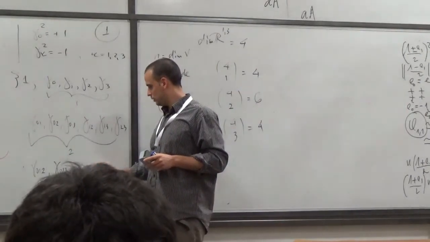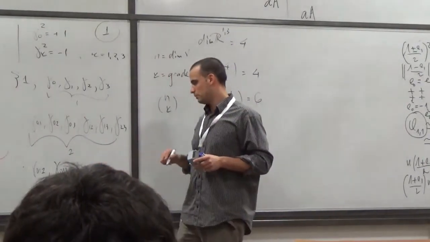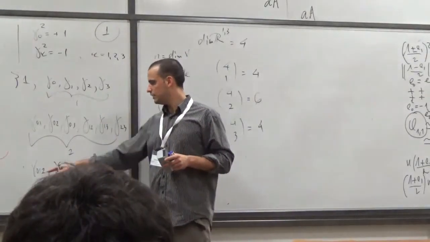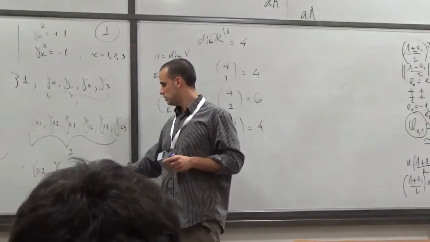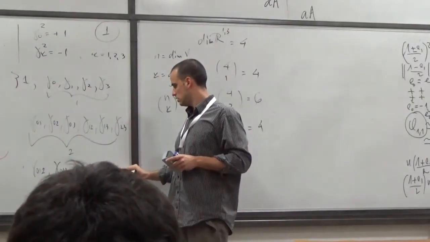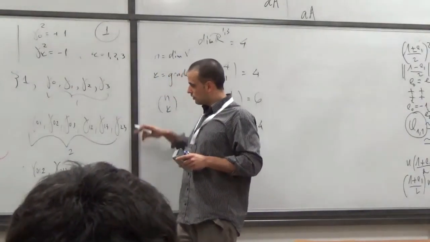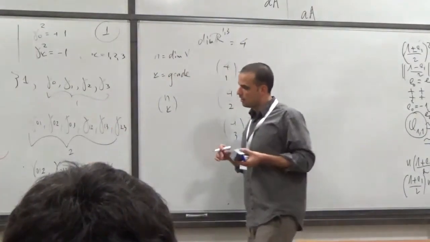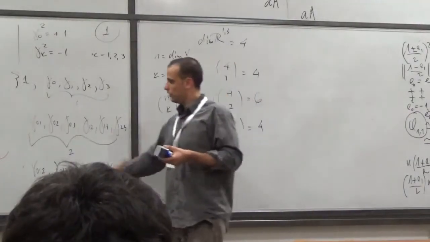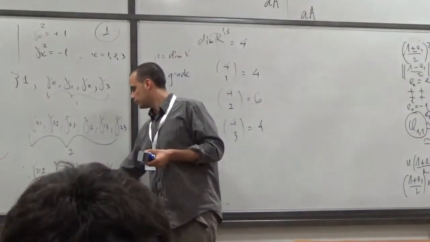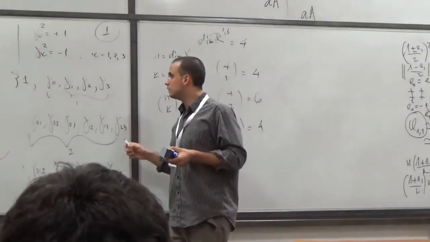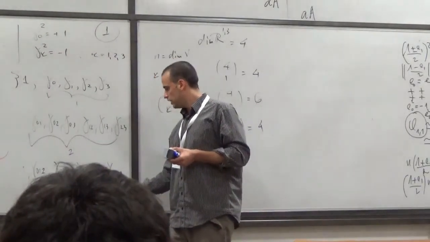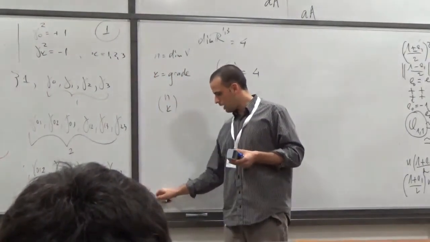Just to be sure I don't miss anything, we're going to put 1 2 3. What's missing here? 0 2 3. So you have vectors, you have pseudovectors, of course 3 of them, and you have one more element which is the pseudoscalar, gamma 0 1 2 3. This is the product of the gammas.